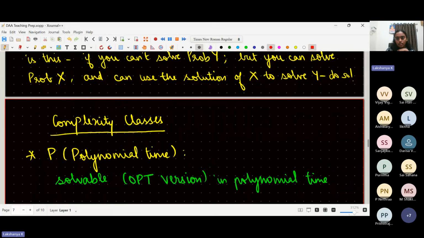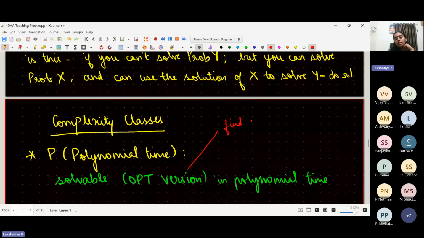So let's take a look at these terms. Solvable means it's the optimization version. So it means you are able to find a solution or find the best solution depending on how your optimization version is framed. You're able to find a solution or find the best solution in polynomial time.